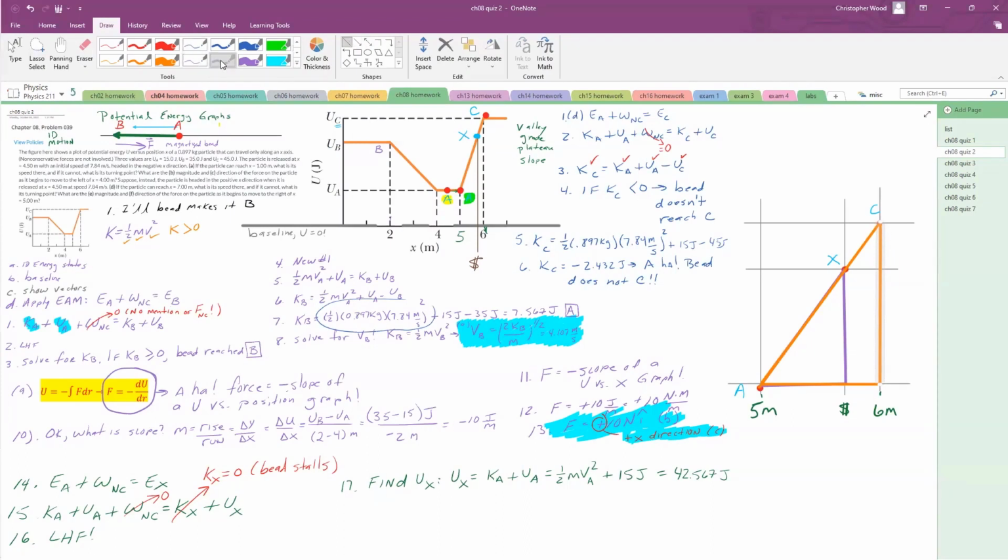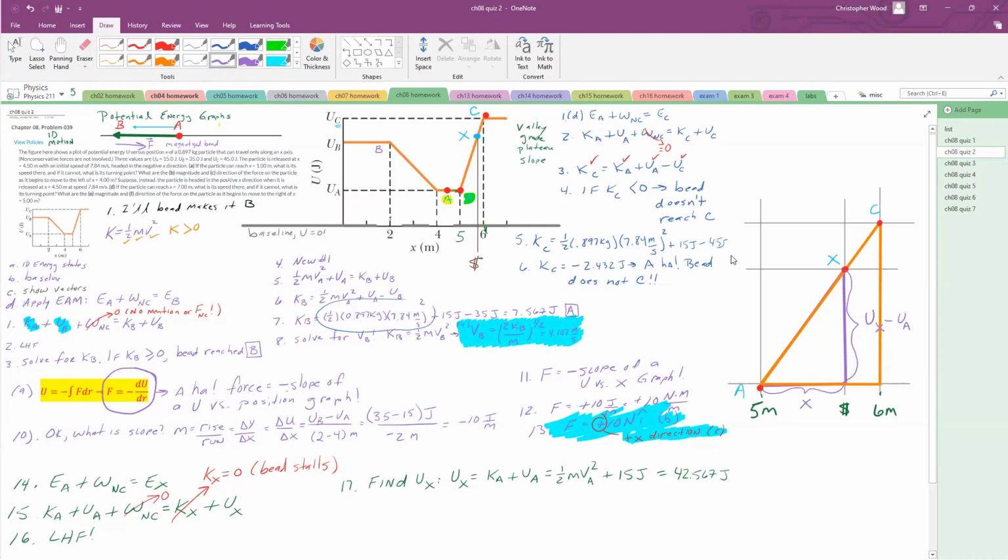All right, so as far as the purple triangle is concerned, look at this dimension of the purple triangle. Okay, I'm going to call this X. X is that dimension. Here's the vertical leg of this purple triangle. The vertical leg of this purple triangle is U sub X minus U sub A. Got it.